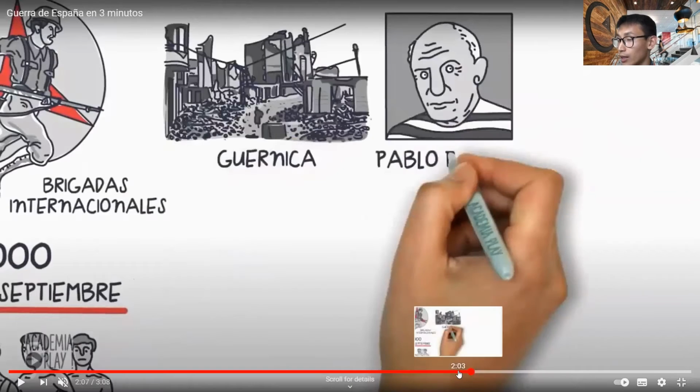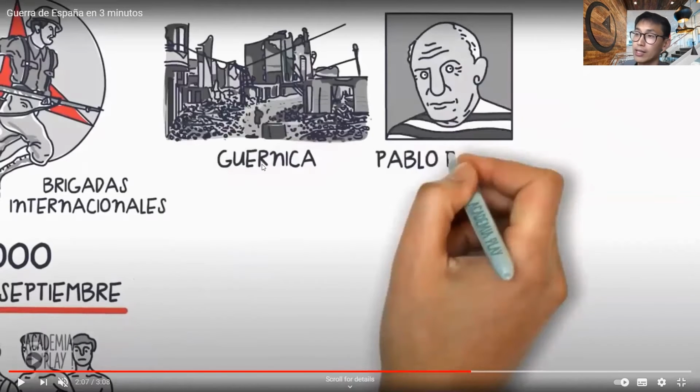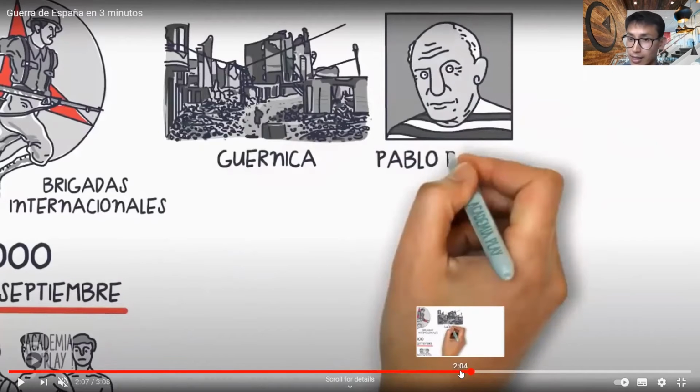And then this is Guernica, a city in northern Spain. The German Nazis at that time bombed the city, so they were helping Franco with their attack on the Republican government.